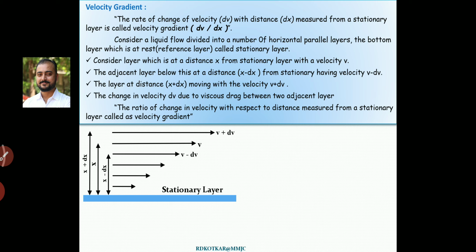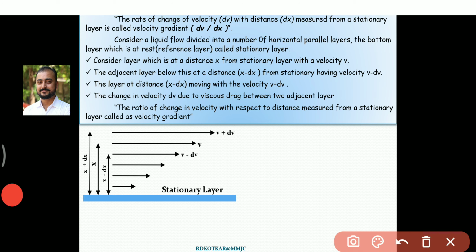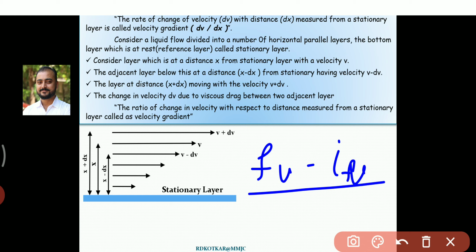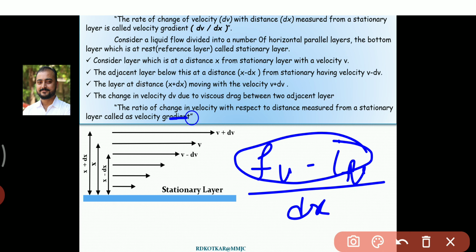Change in velocity means final velocity minus initial velocity, divided by the distance measured from the fixed layer, which is also the change in distance.